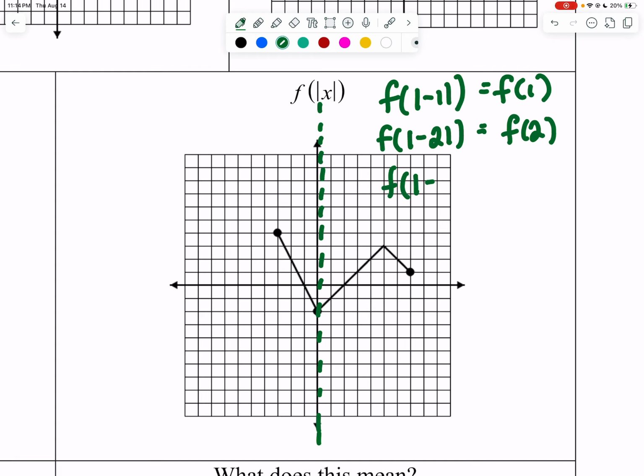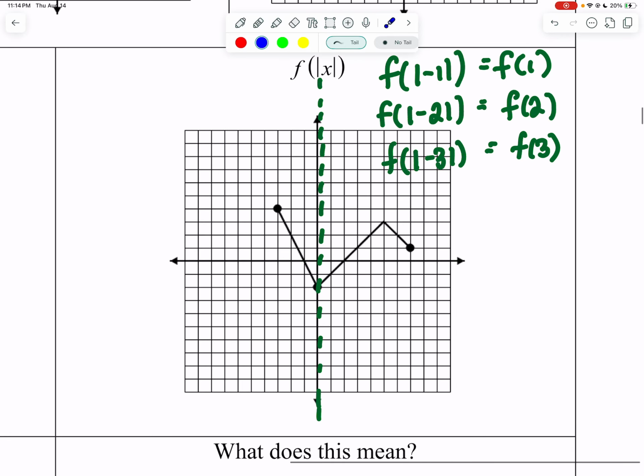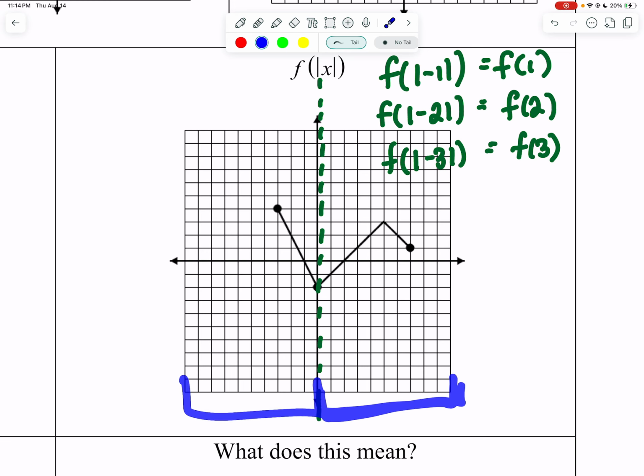Or f of -3 becomes f of 3, and so forth. So essentially, anytime you see an absolute value transformation where it's inside the argument, we are just going to reflect the right side of the y-axis right here to the left side.